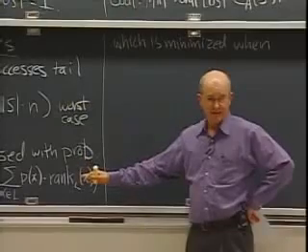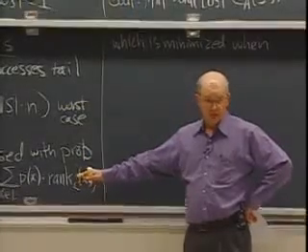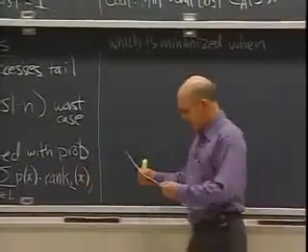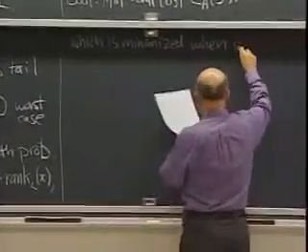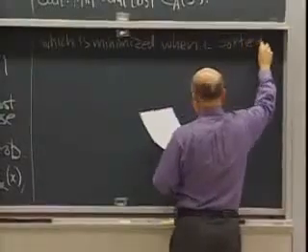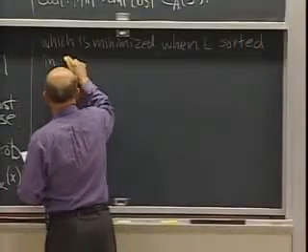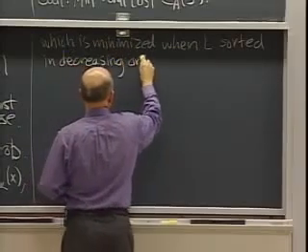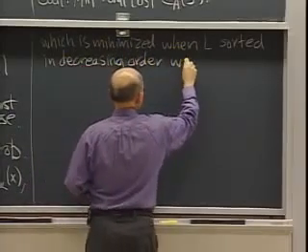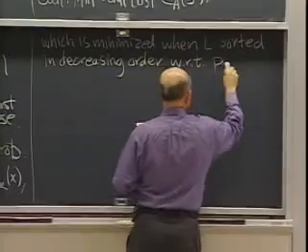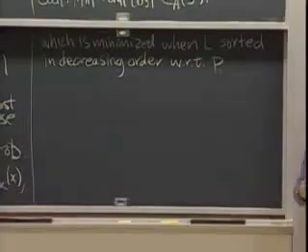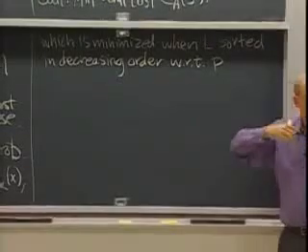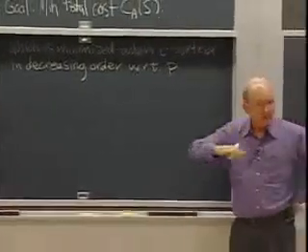So you order based on the probability of getting accessed. Yeah, sort them on the basis of decreasing probability. So it's minimized when L is sorted in decreasing order with respect to P. We'll just sort them with the most likely one at the front and then decreasing probability.